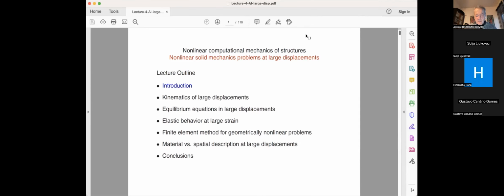That's the transformation that takes you from one to another. In the process, you recover, as I said, many strain measures and appropriate stress tensors that are conjugate in terms of work. So the second difficulty of large deformation is to choose which one you want.